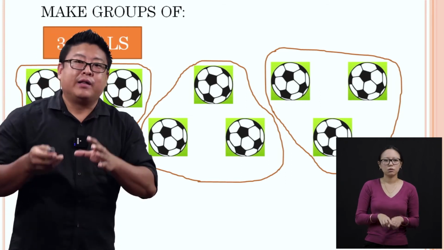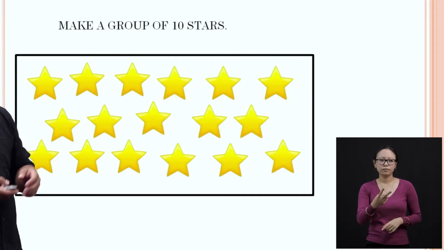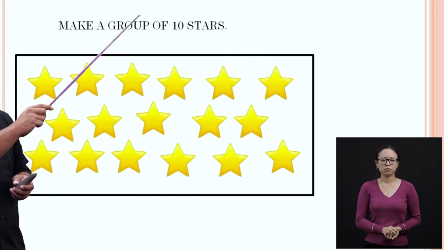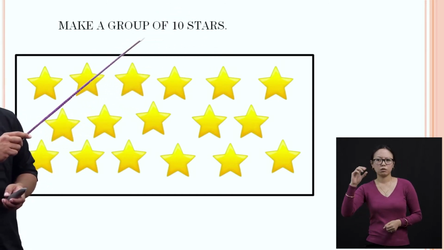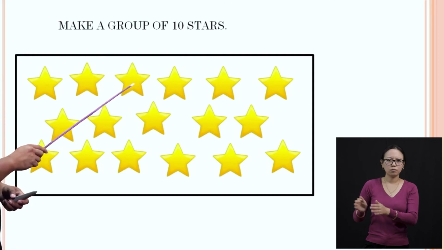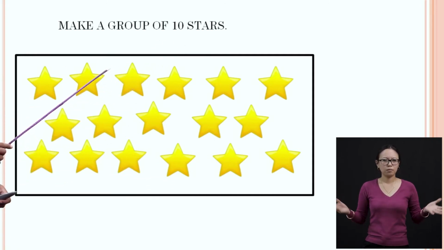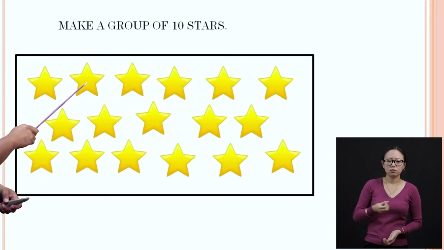All right. Now let's look at another example here. It says make a group of 10 stars. All right. Make a group of 10 stars. Now we have so many stars over here. So we are going to count the stars and make a group of 10 stars.